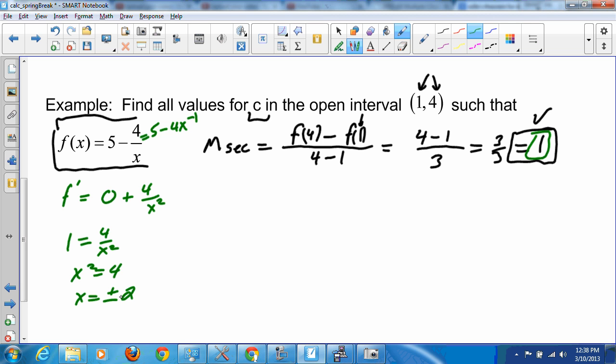Well, negative 2 is outside of the range that we're interested in. We're only looking from 1 to 4, so this c value would be 2. If we plug a positive 2 into this derivative, 4 over 2 squared equals 1.